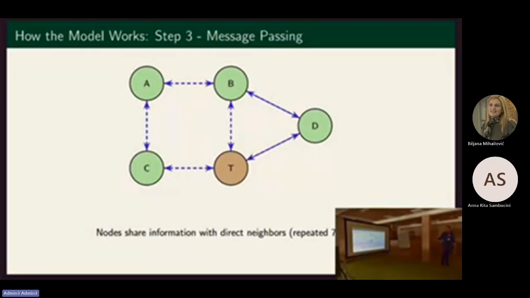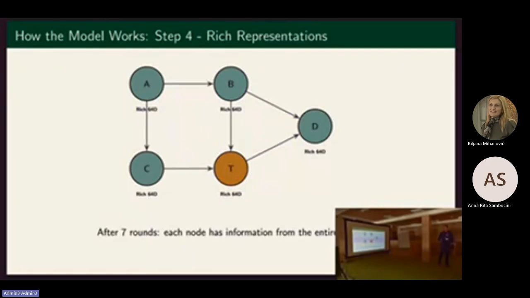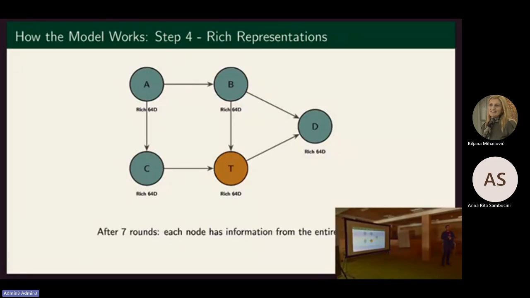First, for example, for node A, you have information just from nodes B and C, but on the second iteration, these nodes already have information from D, T, and N. So basically, at the end, each node has some kind of knowledge about the whole graph.